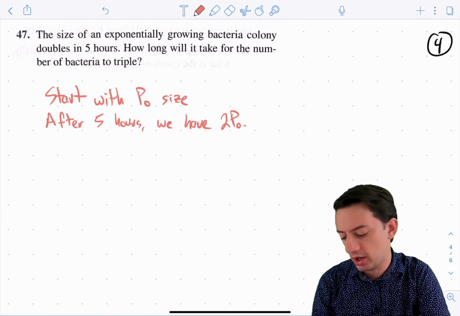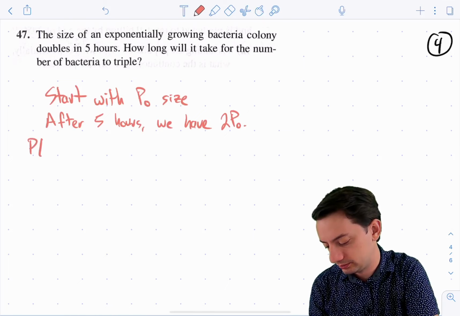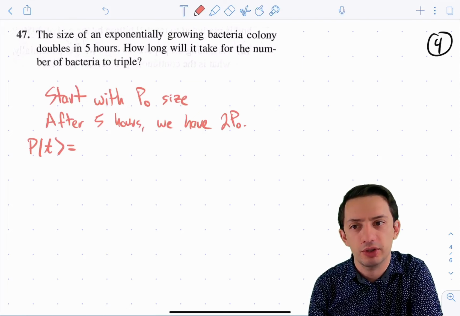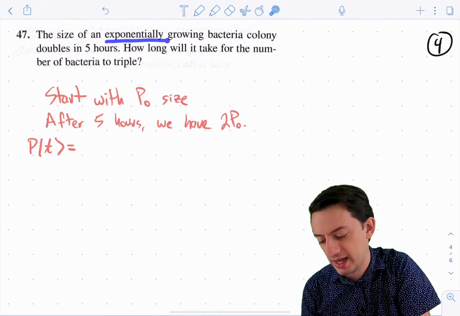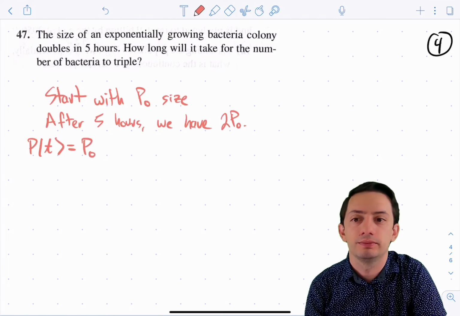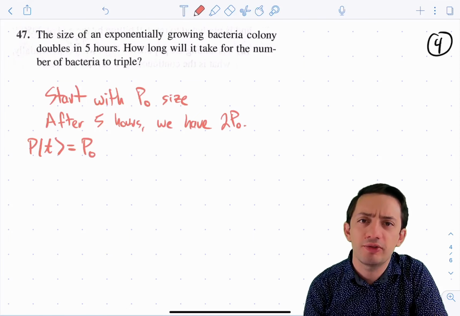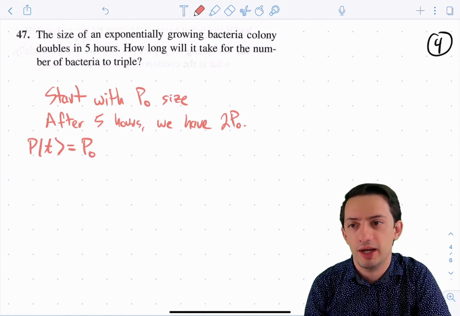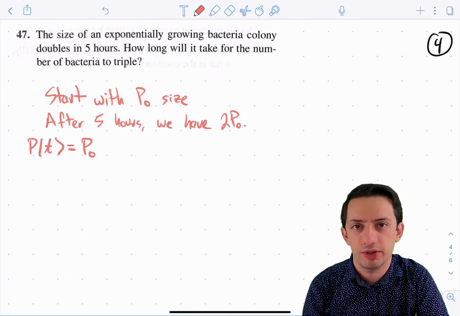So let's think about what our population grows like. We know we're going to have an exponential function, because it says exponentially growing. We know we start with some number. Now the easiest way to figure out how to write this is to not start by saying, if it doubles in 5 hours, what does it do per 1 hour?